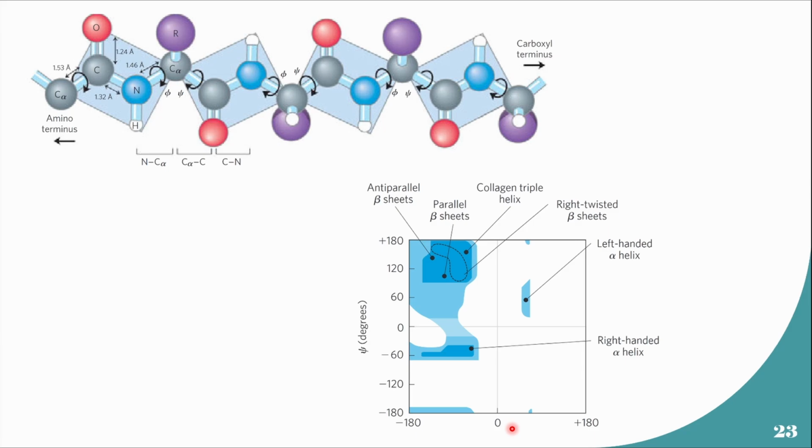So basically, which of these phi versus psi data points are energetically favorable, right? For example, in different secondary structures, you will see that the favorable regions lie at different phi and psi value ranges. For the parallel beta sheets, you see it here, for the anti-parallel here, for the right-handed alpha helix here, and so on.